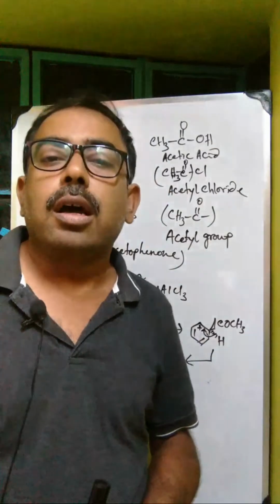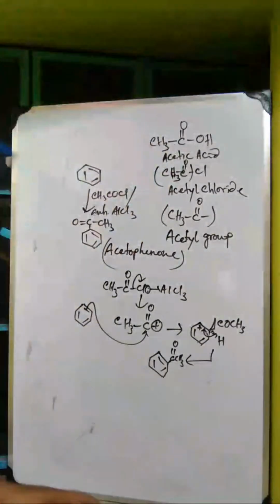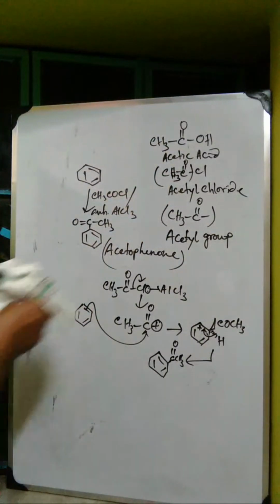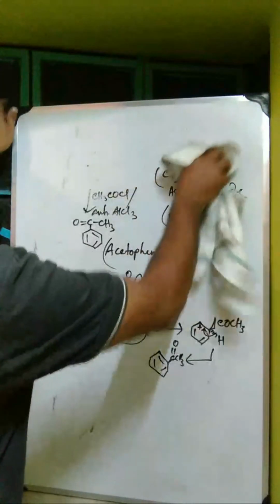Nitration is also an example of electrophilic substitution reaction. Let's see what happens when benzene is nitrated, and the mechanism of the reaction.